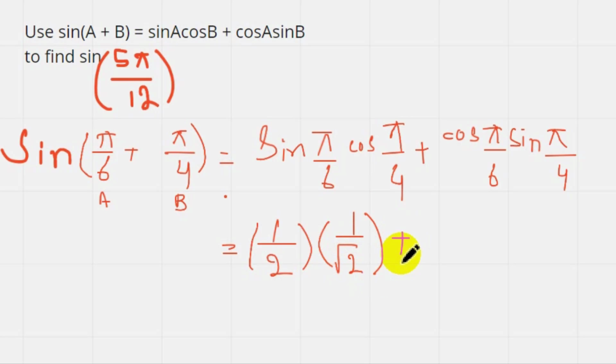Now plus cos pi over 6, which is square root of 3 over 2, times sin pi over 4, which is 1 over square root of 2.